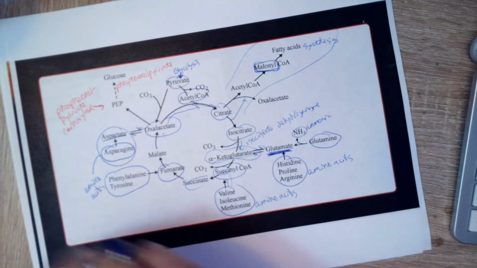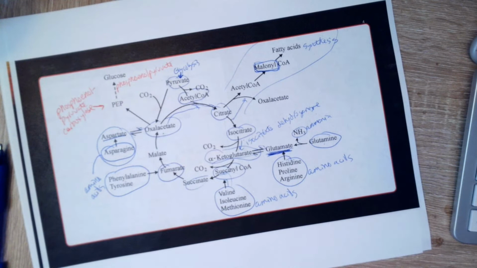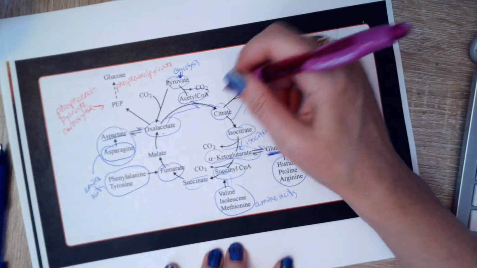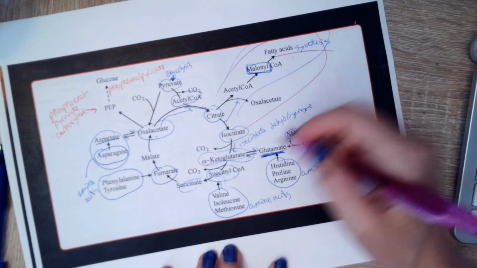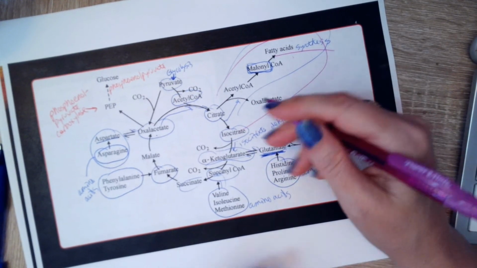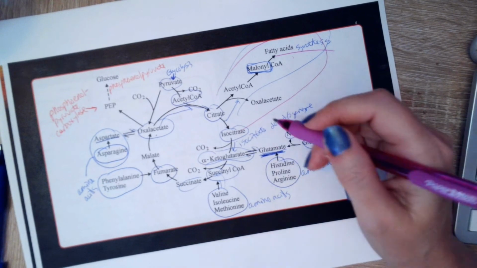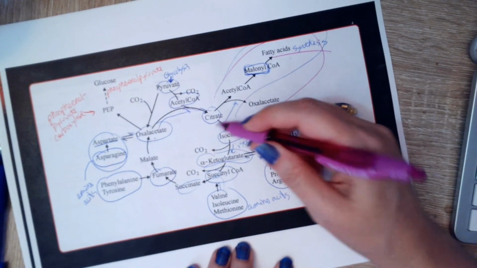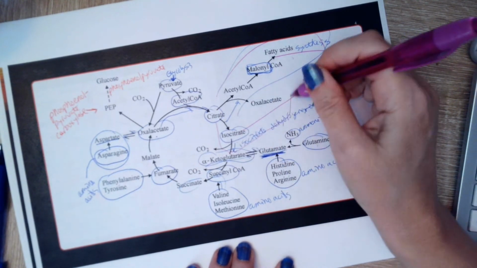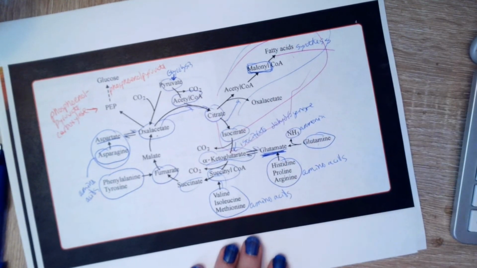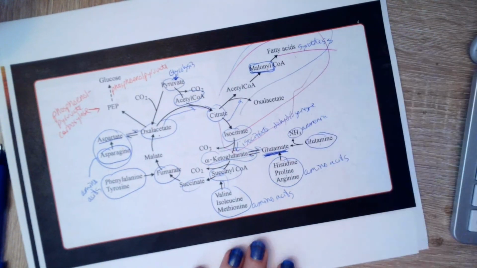So let's use a different color so we can highlight some stuff here. Just to think of fatty acid synthesis happening over on the top initial part of the Krebs cycle in the beginning. So from citrate through isocitrate, we get into fatty acid synthesis, the shunt going off in that direction.